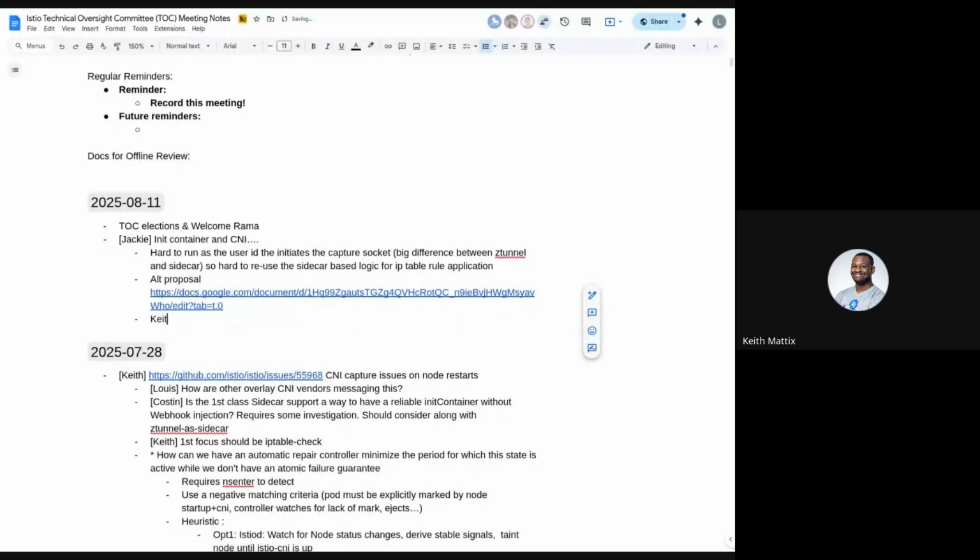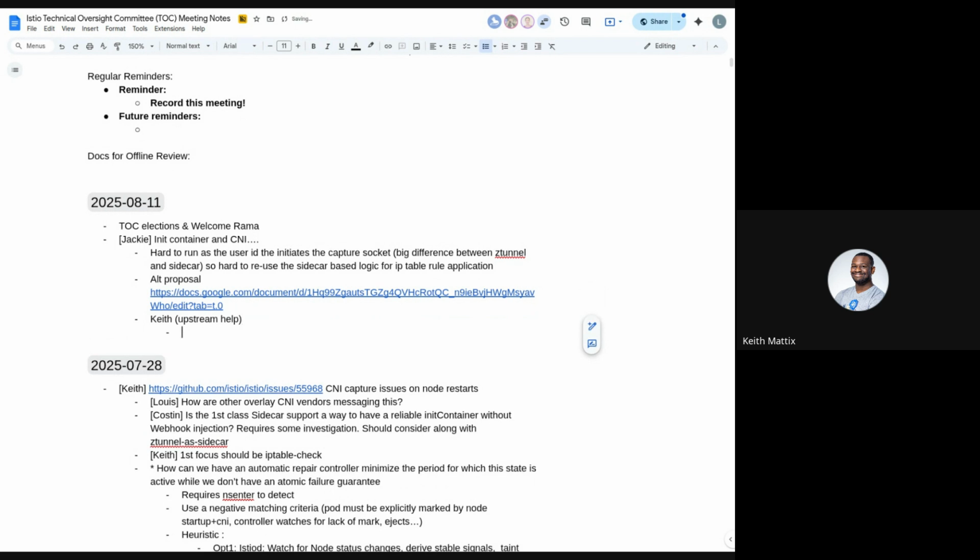TLDR, I think there's an approach upstream that might help us, or there's some work upstream that might help us fix this more firmly upstream moving forward. Basically, there's two parts to this, right?